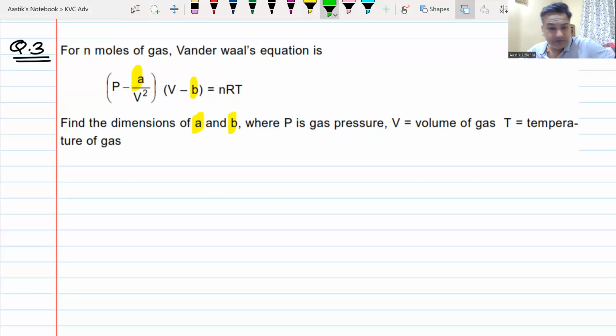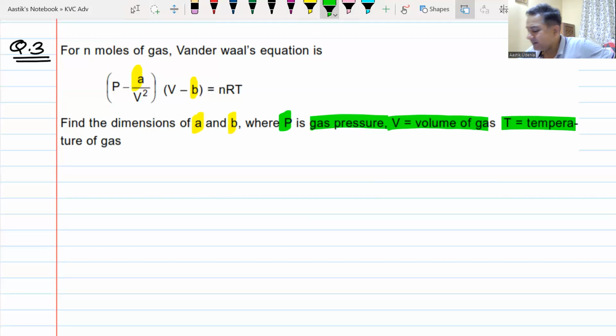What are the knowns, which are in green? P is gas pressure. V is the volume. T is the temperature of gas, n is the number of moles, and R is the universal gas constant. Can you tell me what are the dimensions of A and B?